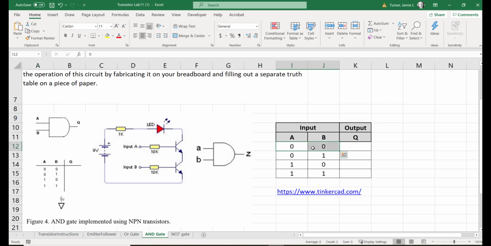So look at nothing and nothing versus maybe there's just a signal coming through B versus just a signal coming from A. What would be needed here to turn this LED on or off? What combination of inputs is going to turn our output on or off?